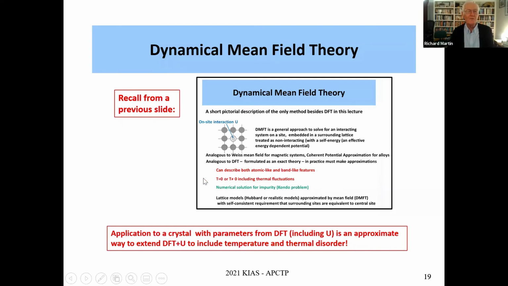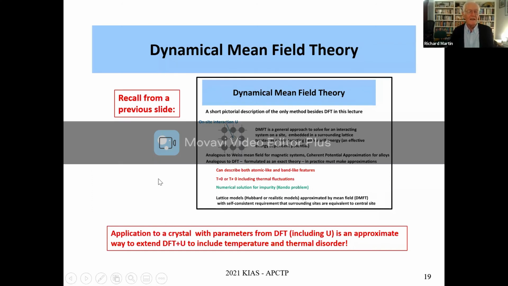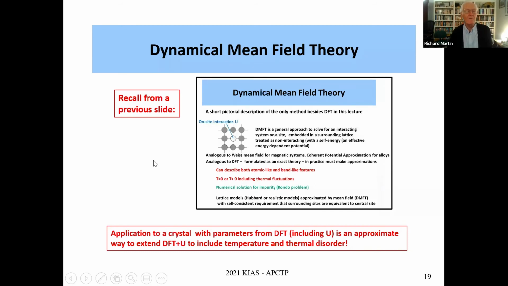So there's a real sense in which this is the step that generalizes DFT to finite temperature. And the result finally is what was on the previous slide, that the density of states still acts as if it's an insulator, which agrees with the experiment.